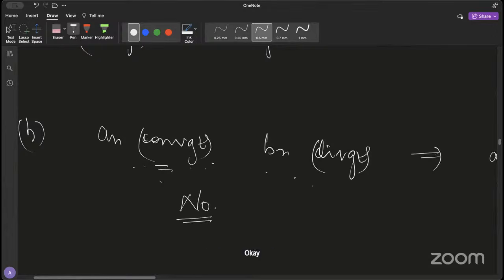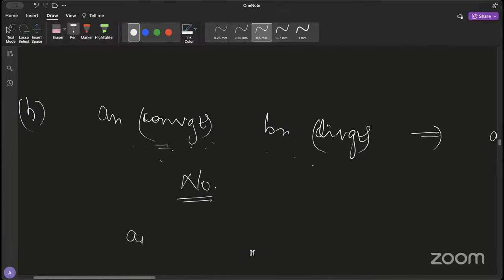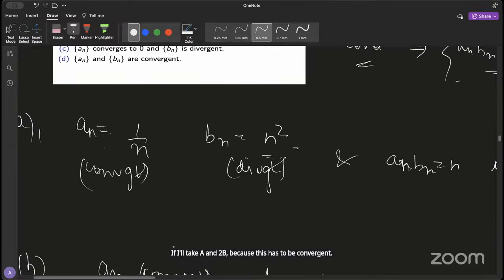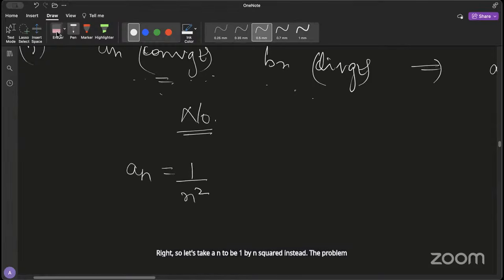Okay. We said that you have to take a hint from here. If I take An to be, because this has to be convergent, right? So let's take An to be 1 by n square instead. The problem is if I take it to be 1 by n, then this is convergent. And if I take Bn to be n square, this is divergent. This is fine. But what comes out is n, which is divergent.